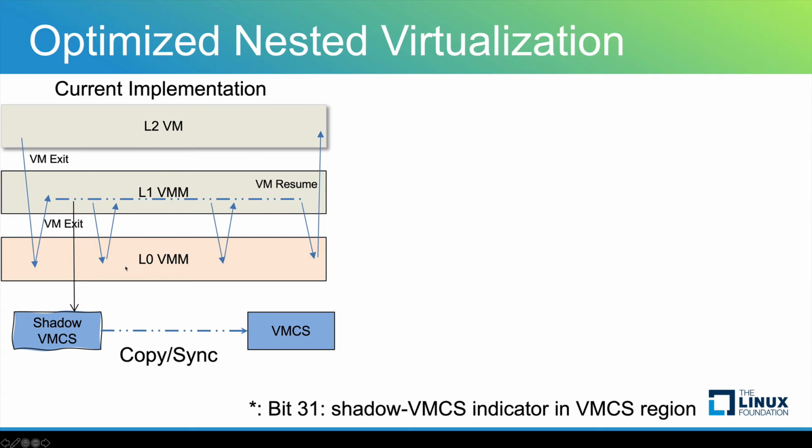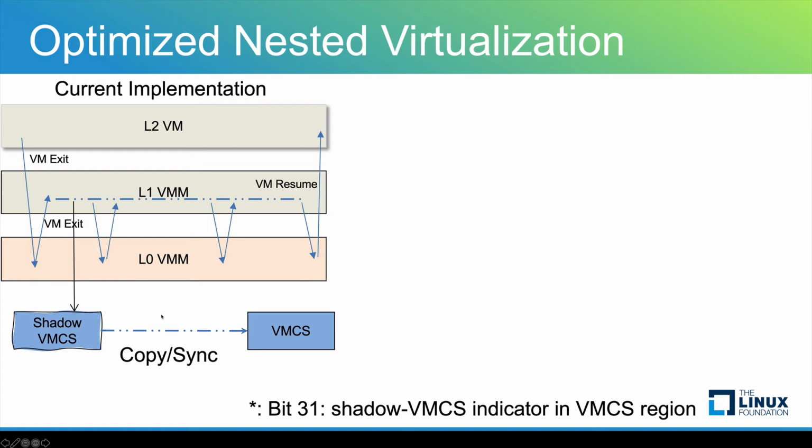But sometimes the L0 VMM needs to intercept, and even then we still use VMCS shadowing. Certain writes or reads to VMCS fields cause a VM exit.